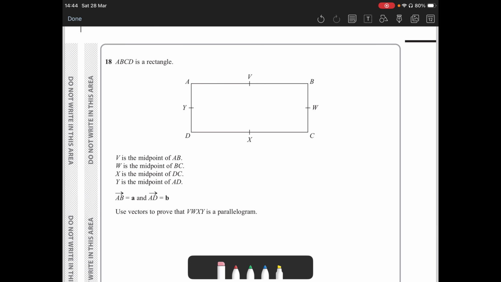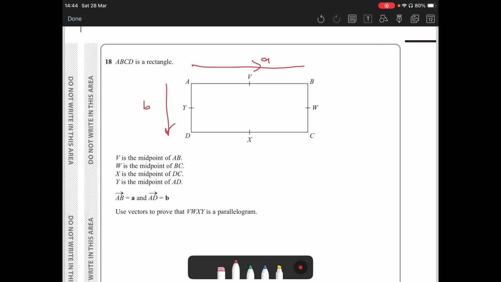So I'm going to move on to 18. Okay, good. So we've got loads of points, and it's a vectors question. We've got to prove that VWXY is... okay. Interesting. AB is a. So this whole line is a, and AD is b.